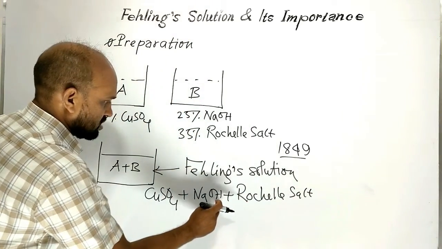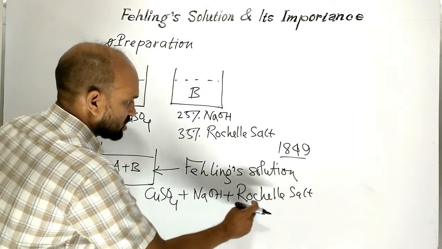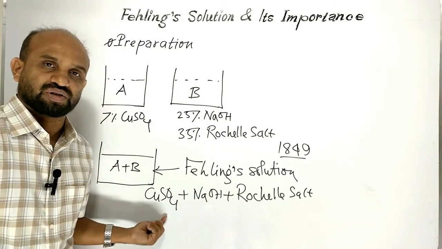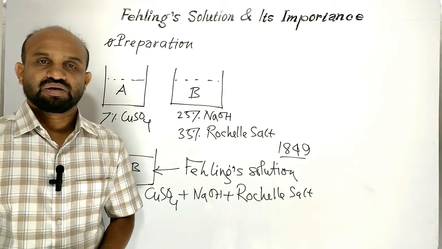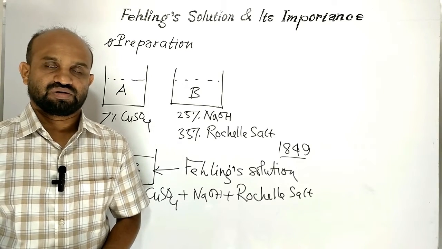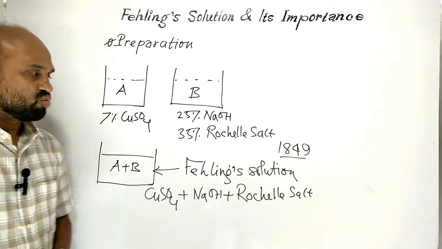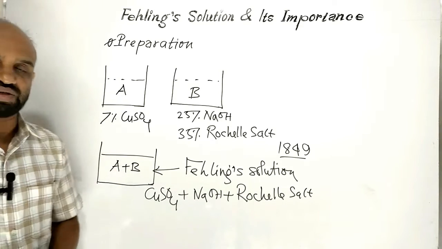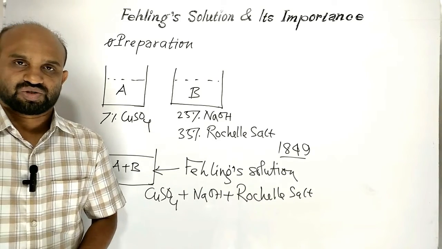That is alkaline solution of Rochelle salt and copper sulfate. This mixture, this solution is known as Fehling solution. Now let's see what reactions happen in the Fehling solution. Let's move on to the next point.